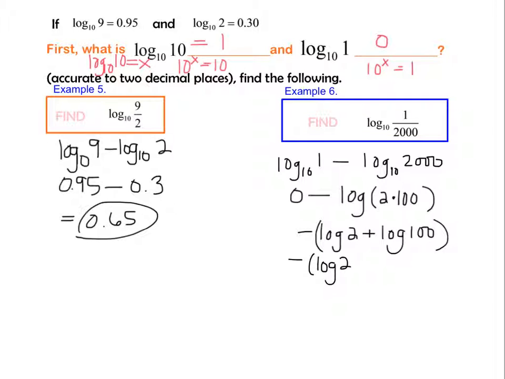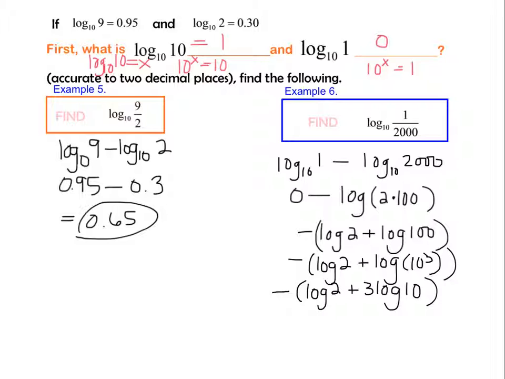So 100 is just 10 cubed, right? So this is plus log of 10 cubed. So bringing down that exponent, we have 3 times log base 10 of 10. Now this is in terms of things we know. So log of 2 we know is 0.3.